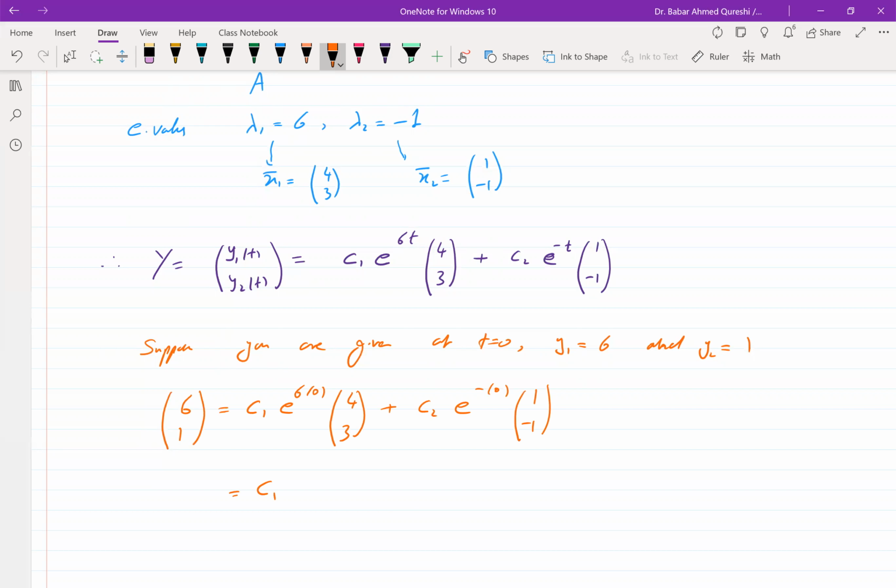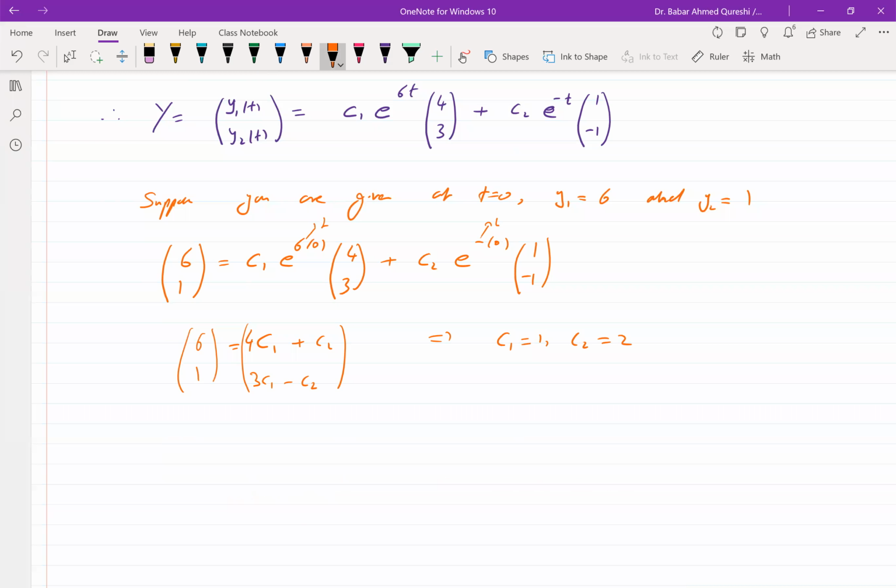So I get 4C1 plus C2 and 3C1 minus C2, because these exponentials are 1. So this gives me C1 is 1 and C2 is 2.